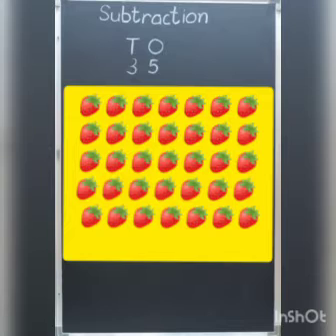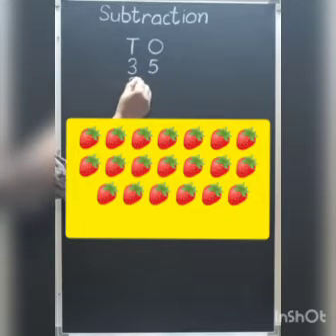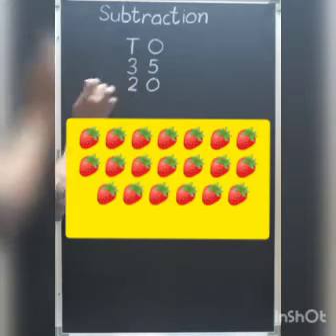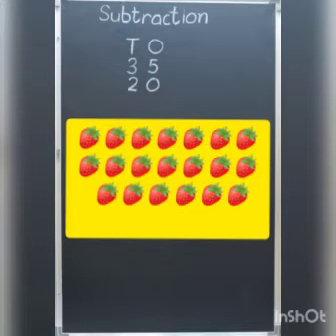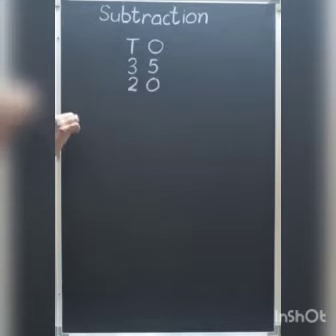When your friend came to your home, how many did you eat? 20. Then we will write 20 under 35. Okay? And we need to find how many are left after eating 20 strawberries.